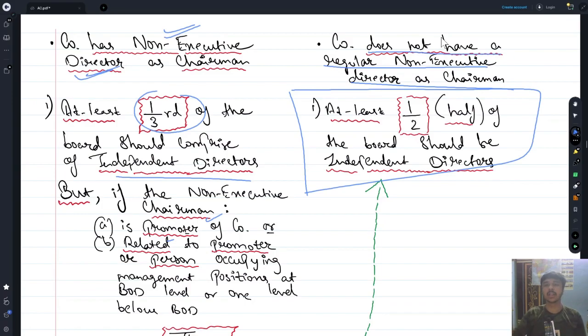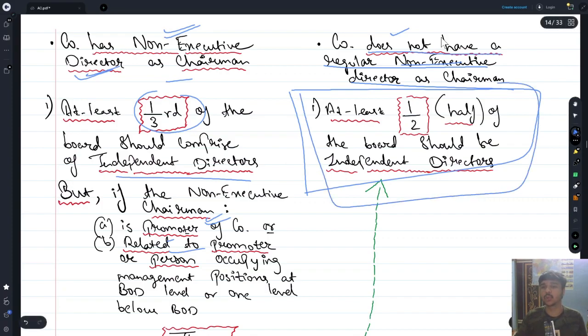What is this? Either the chairman is a working one, that is, he is not a regular non-executive director, or he is a non-executive director, that is, he is not working, but he was a promoter of the company, or he is related to the promoter or various persons of the company. In that case, at least half of the board should comprise independent directors. You're saying, brother, why is SEBI imposing so many things on us?